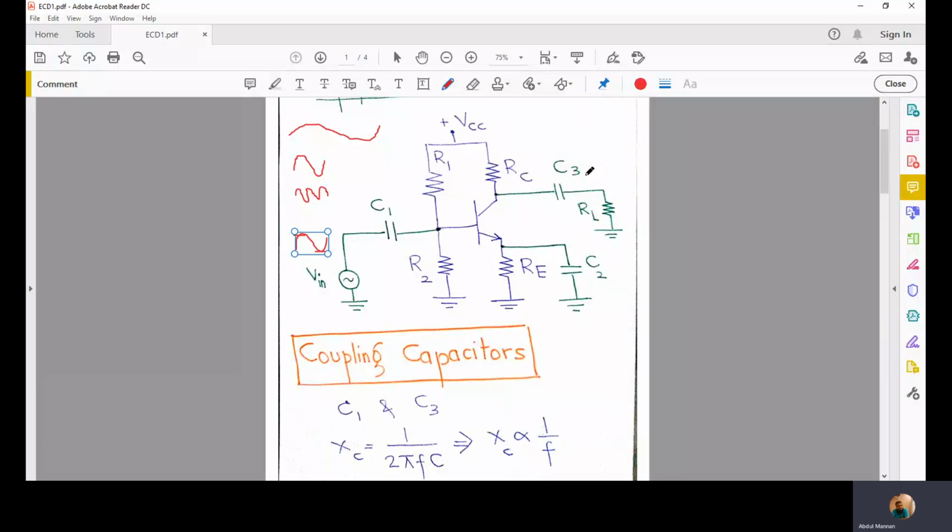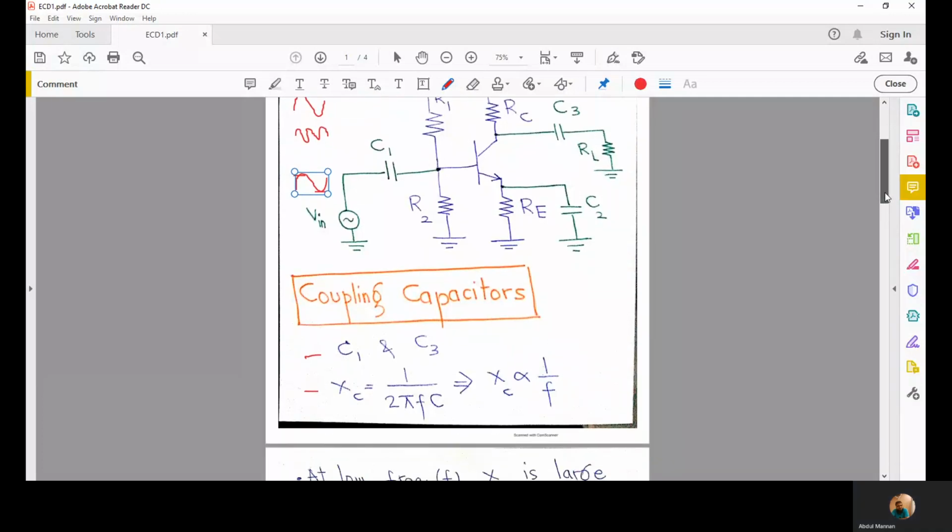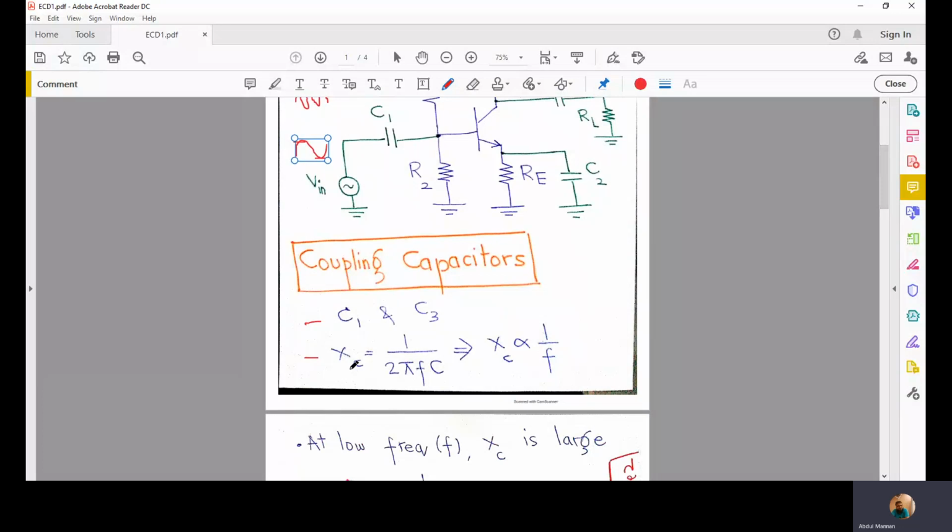Let's see what happens to the AC voltage gain at lower frequency when we have these coupling capacitors placed in. C1 and C3 are coupling capacitors, and we know from elementary circuit analysis courses that Xc, the capacitive reactance of a capacitor, is 1 over 2 pi f C, where f is the input frequency and C is the value of capacitance in microfarads, picofarads or nanofarads.